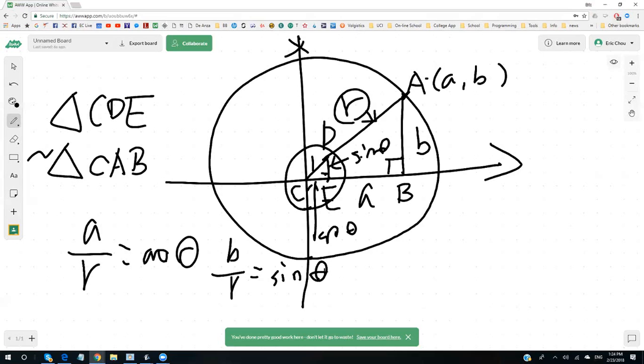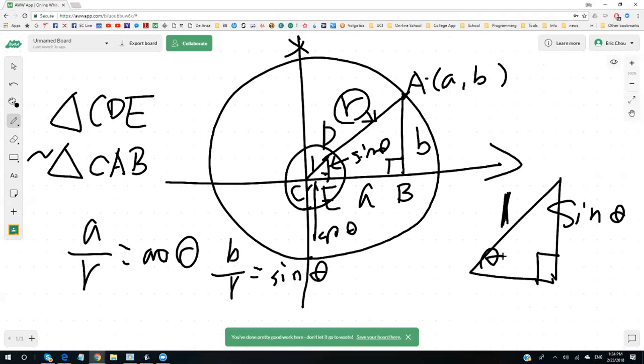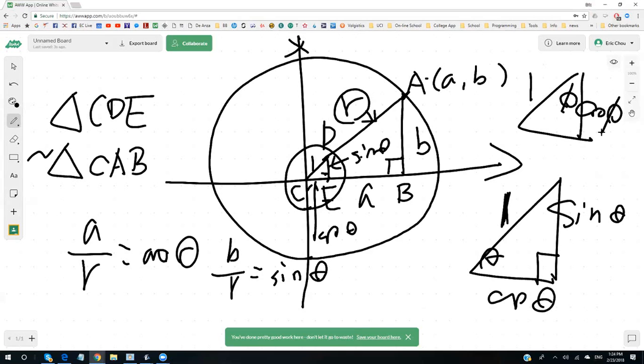Also, if you draw any triangle here, if the length of this side is 1, one side can be sine theta if theta is over here, or cosine theta if theta is there. And if I have an angle phi over here, this is 1, this will be cosine phi and this one will be sine phi.